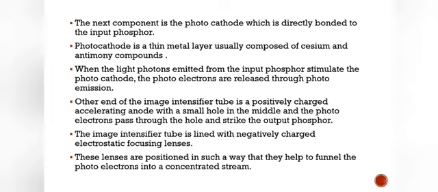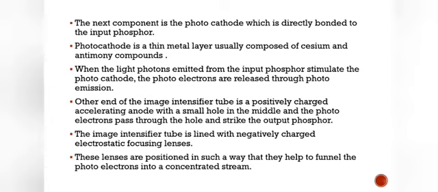On the other end of the image intensifier tube, you can see a positively charged accelerating anode. This anode has a small hole in the middle. The photoelectrons emitted from the photocathode travel through the hole and strike the output phosphor.